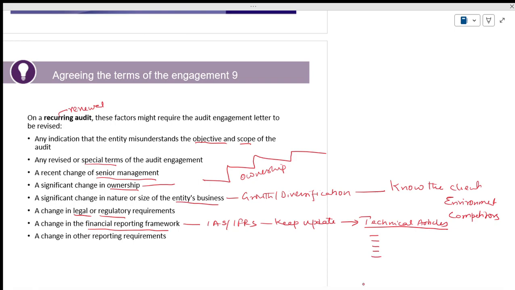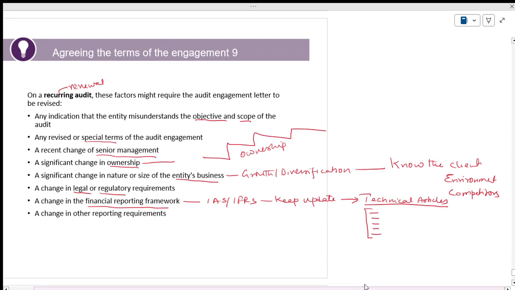Only read, that's all. Because the same thing we are covering here is in the technical articles. I'm not saying technical articles will be completely different. Examiners will test you from technical articles. Again, don't get confused: whatever we are covering in the syllabus, the same thing will be there.